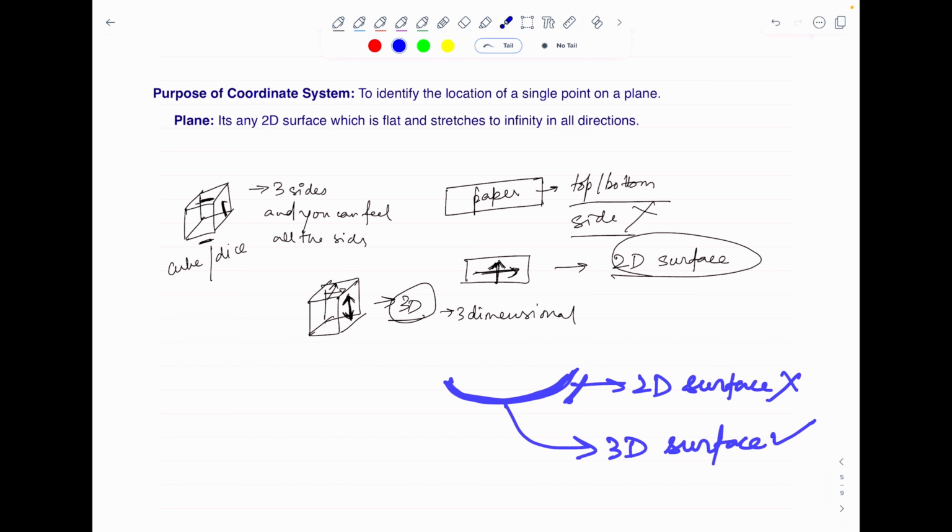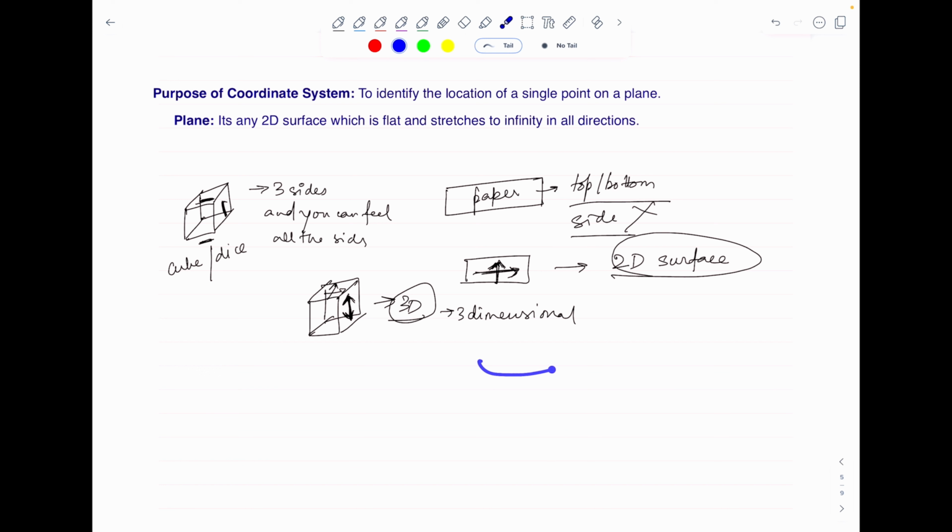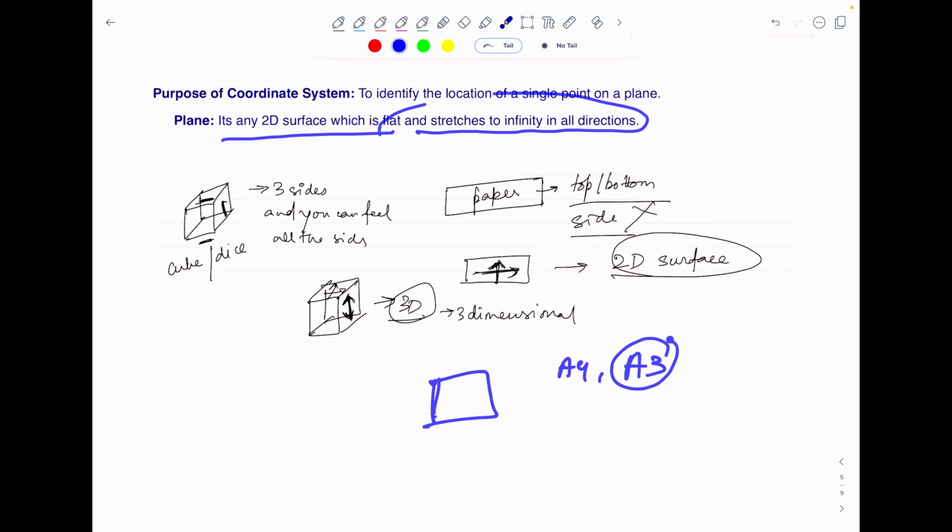Since here the side parts are coming. Top and bottom are already present, but here the sides are also coming. So a paper, if folded, is not a 2D surface anymore. So a plane is any 2D surface which is flat and stretches to infinity in all directions. This piece of paper is limited, the A4 or A3 size of paper is limited.